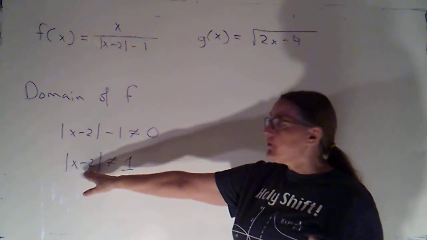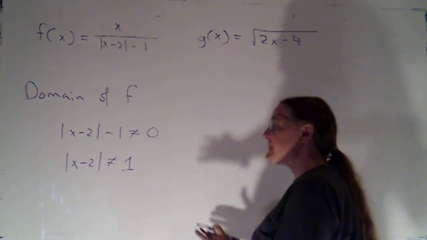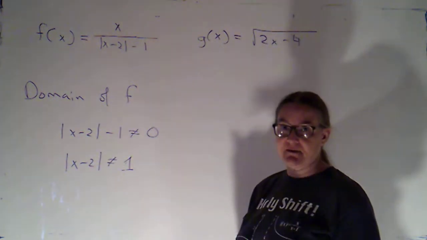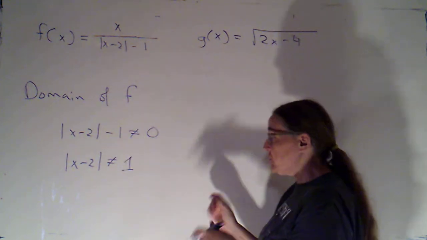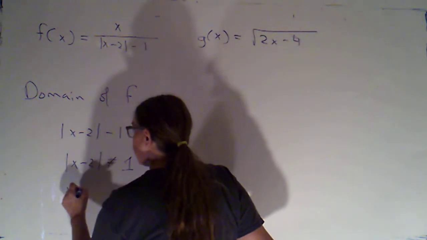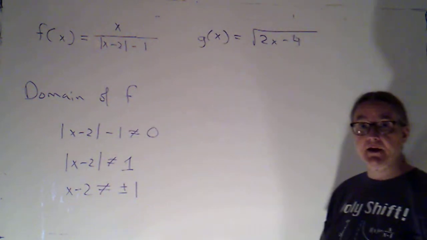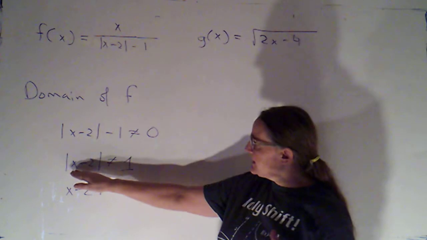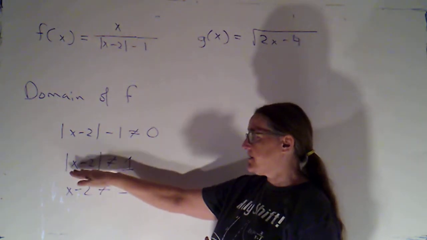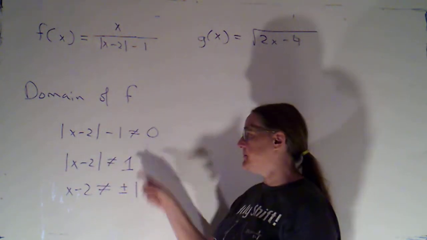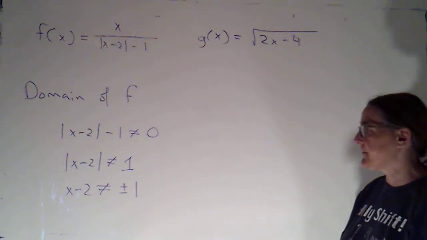And then I know there are two numbers that have an absolute value of 1, plus and minus 1. So x minus 2 can't be either one of those numbers. So x minus 2 is not plus or minus 1. Once I've isolated the absolute value, I can say the quantity inside can't be plus or minus the number that's on the other side.